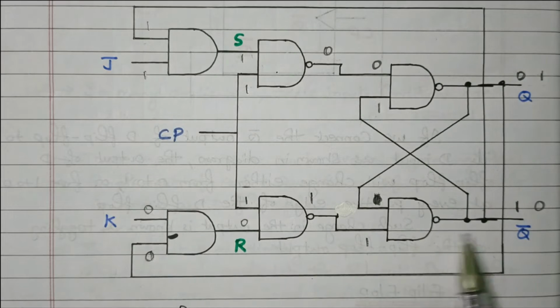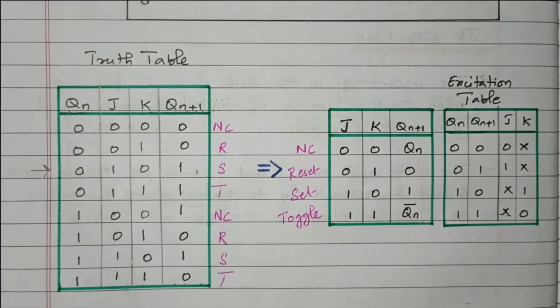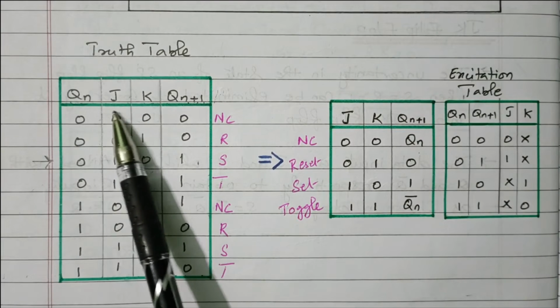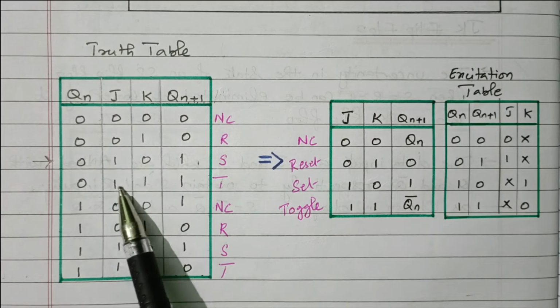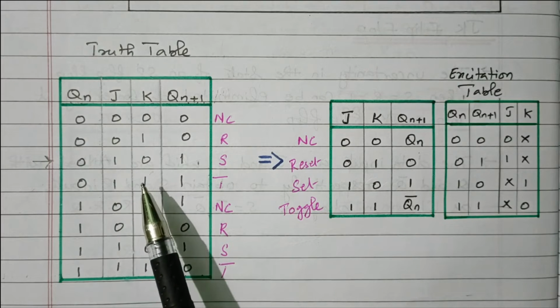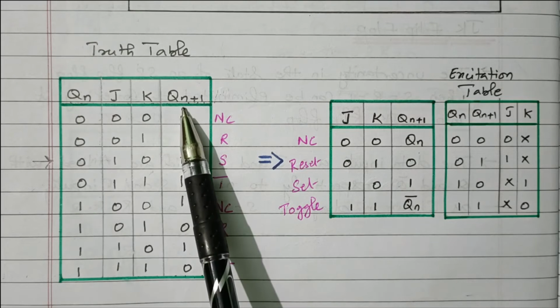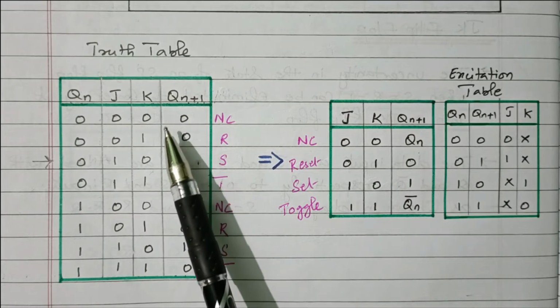Then we will verify one of the inputs. I will go to the truth table. So these are the two inputs, J and K. Four combinations: 0 0, 0 1, 1 0, 1 1. We know that for the flip-flop, the output has two states: present state and next state. The present state is Qn, the next state is Qn plus 1.